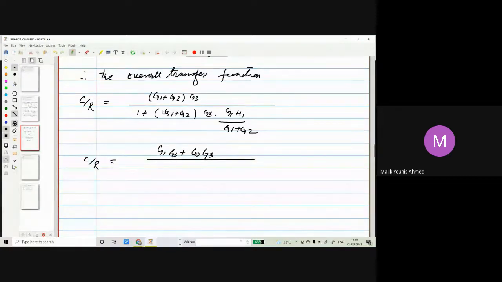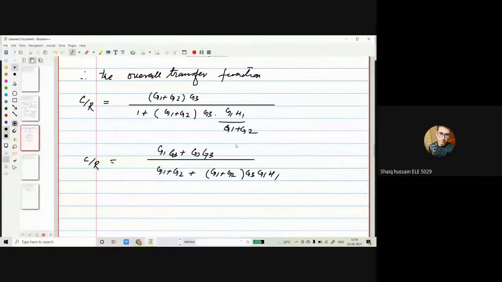multiply. We simply have G1, G3, G2, G3. So this will be G1 plus G2 plus G1 G2 G3, G1 H1.